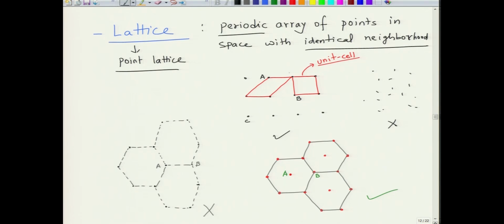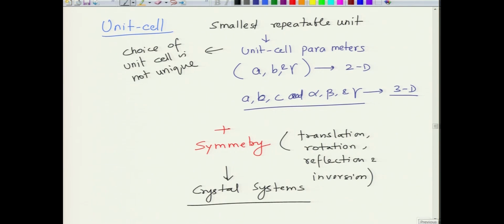So, they have the same area and contain one lattice point. It is also possible to choose a different shape. You can have multiple shapes, they will be similar in area and they will contain only one lattice point. That is why you have to evolve a system which is called a crystal system, which takes into consideration the aspects of symmetry that we will discuss in the next lecture. Thank you.